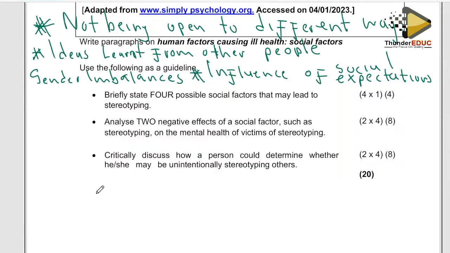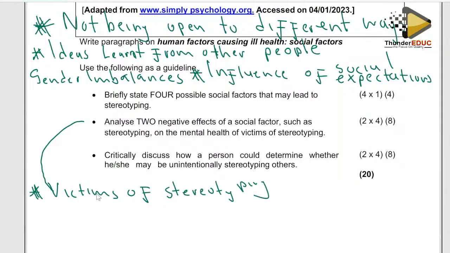So the second bullet reads, analyze 2 negative effects of a social factor, such as stereotyping on mental health. How does stereotyping affect mental health? So the first point we need to state is that victims of stereotyping develop a negative self-concept.